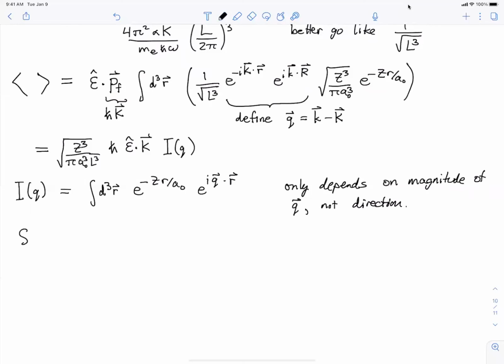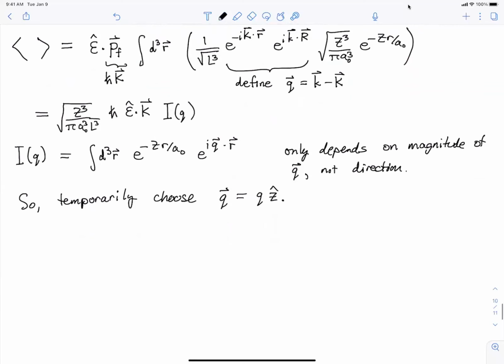So we will temporarily choose our q to be along z hat, which means that we're setting it equal to its magnitude times z hat. Once we're done computing the integral, we don't want to do that anymore because we want q to be arbitrary. We want the final state electron, even if we fix the momentum of the initial state photon, to fly off in any direction it wants. So we will only do this for the purposes of doing the integral.